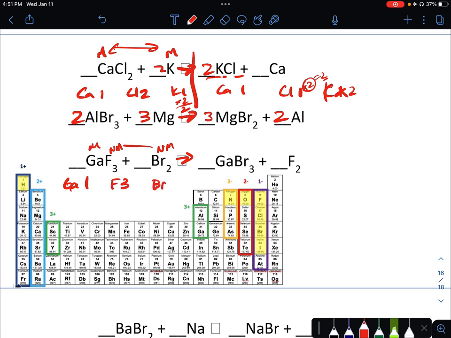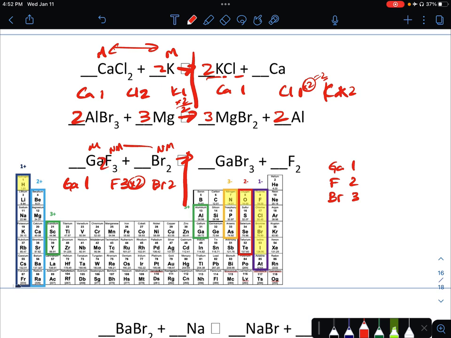F3, Br2, heavy line. Ga has got 1, F, Br. That's got 2, that's got 3. Oh, all right. Let's double our odds. Times 2 gives me 6. Want to put it there, can't.